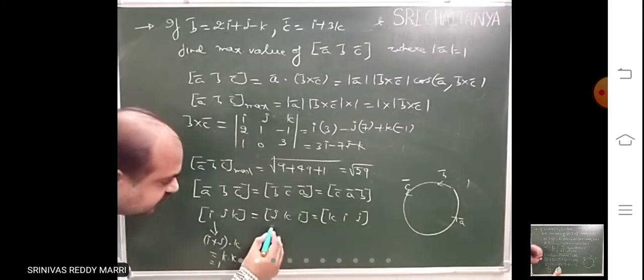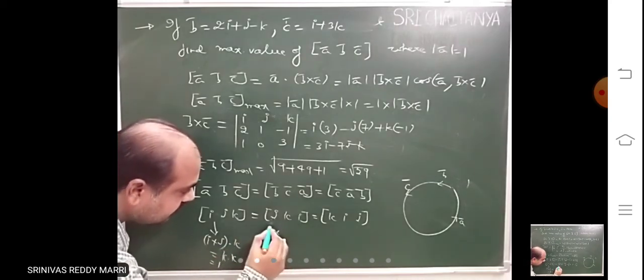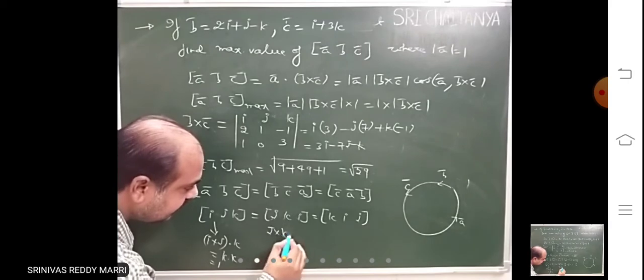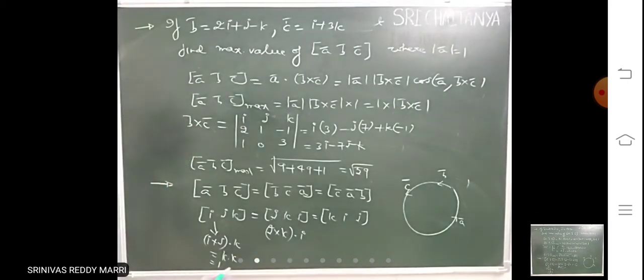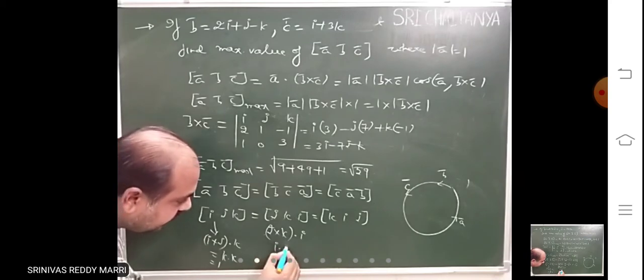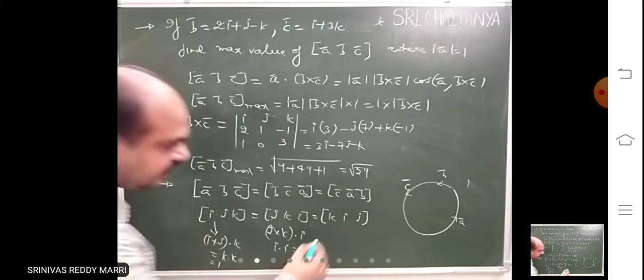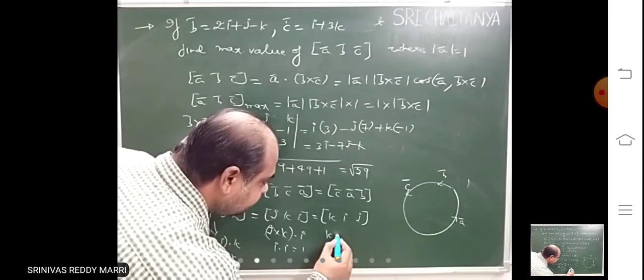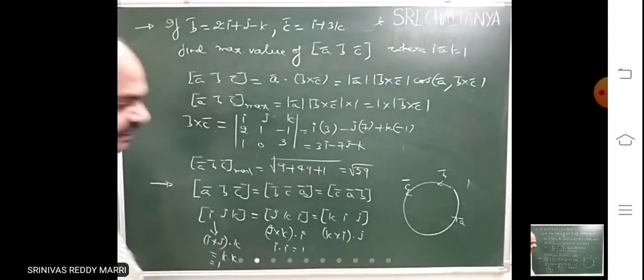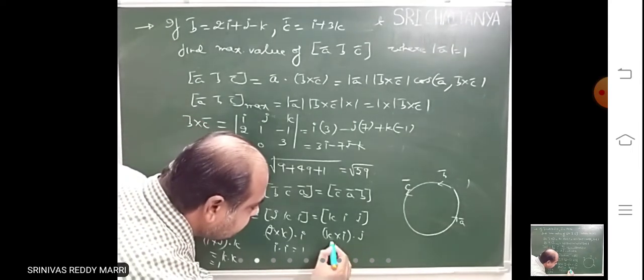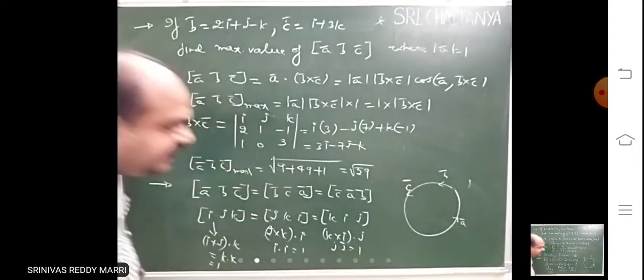Look at this, you can calculate j cross k dot i. This is nothing but i dot i, which is 1. You can calculate k cross i dot j, which is nothing but j dot j. These will be equal values.